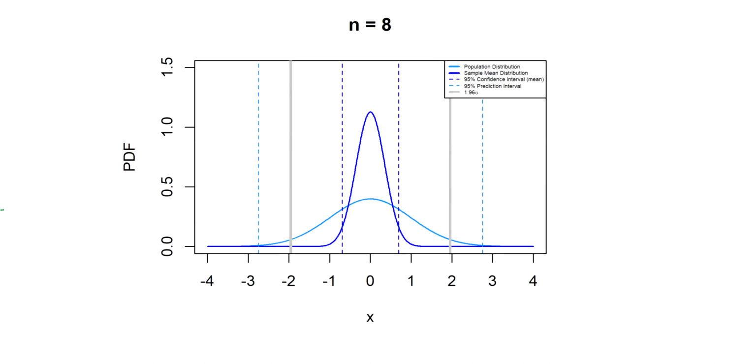Now, as n increases, the prediction interval is going to approach this value right here, which is 1.96 sigma or s, whatever we're dealing with. That's negative, and this would be positive 1.96.